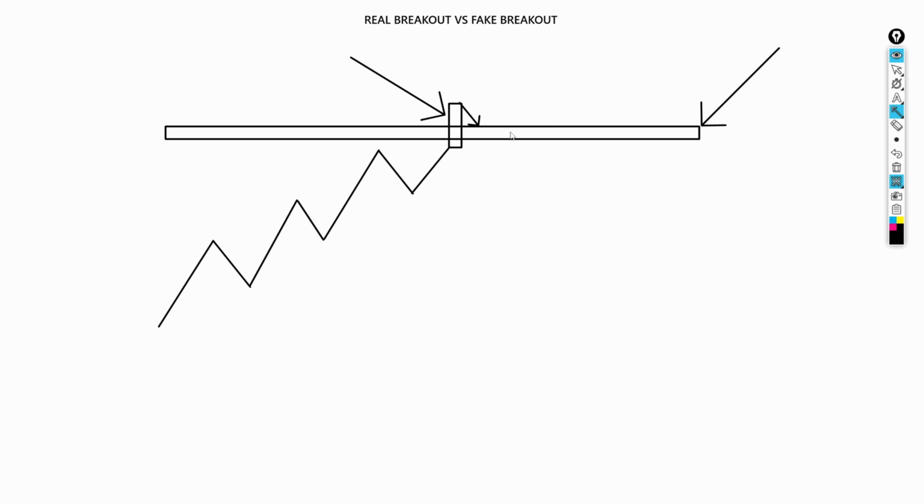You won't treat this as a support because currently we are not sure if this candle is a breakout candle or a trap candle. What will you do? You'll wait for the price to go down, and after that you will see if the price is moving up again.